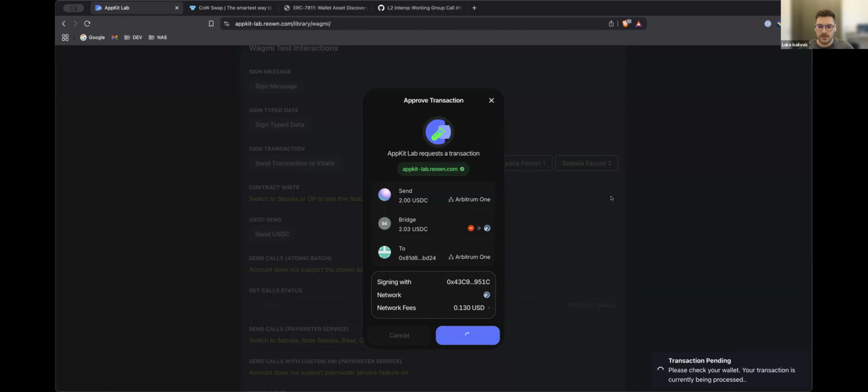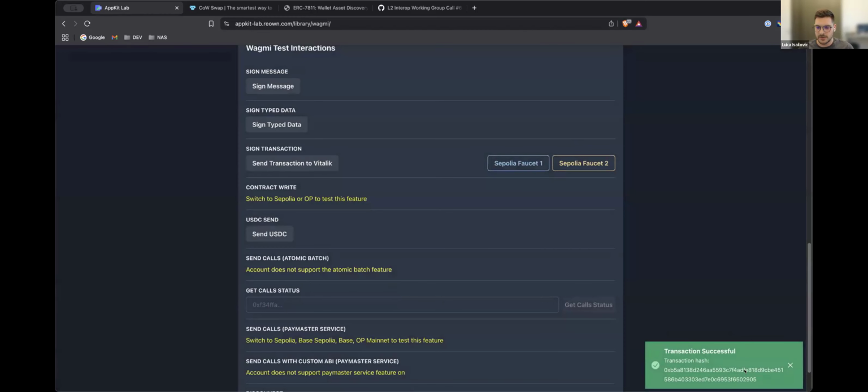If I approve here, it's going to bridge first, and then it's going to complete the initial intent submitted by the dApp. This is important because when we designed our chain abstraction solution, we put it in the wallet, and it's completed successfully on the dApp side. We put our chain abstraction solution in the wallet instead of the dApp.